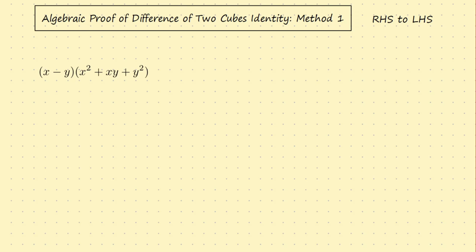This is the first algebraic proof of the difference of two cubes identity. We show that the right-hand side can be rewritten in the same form as the left-hand side.